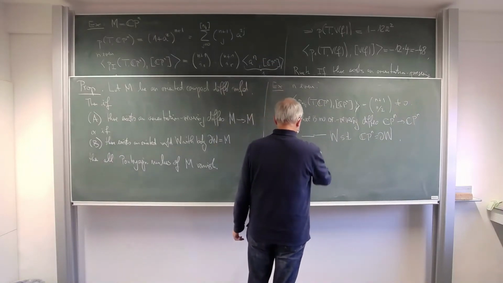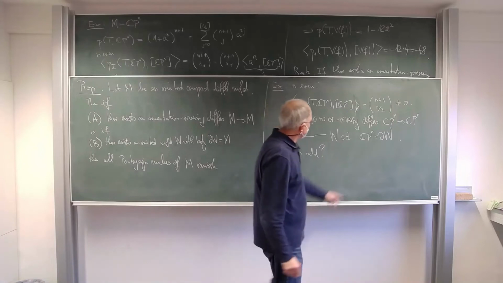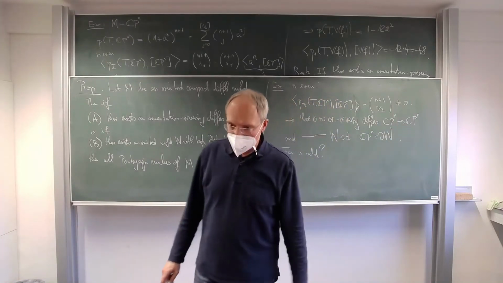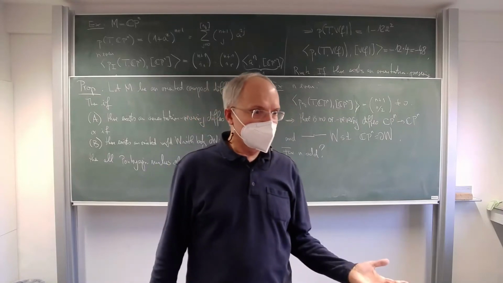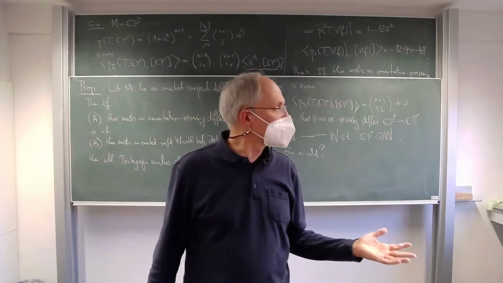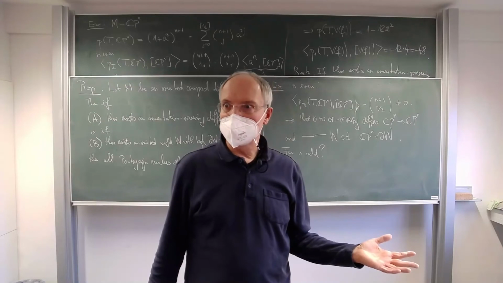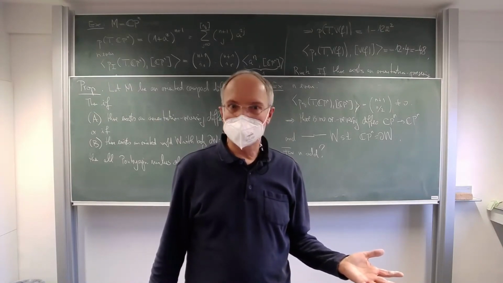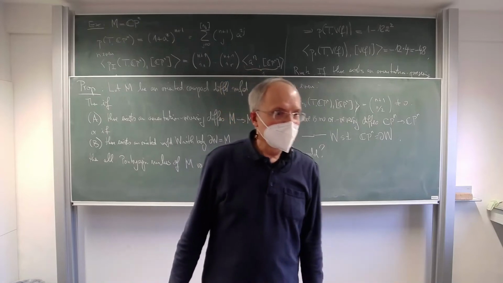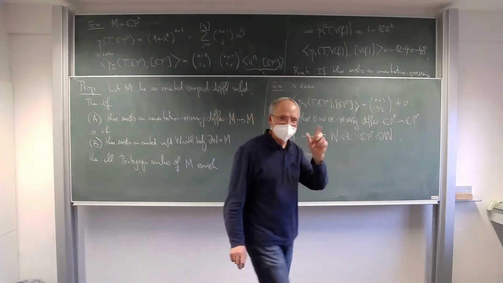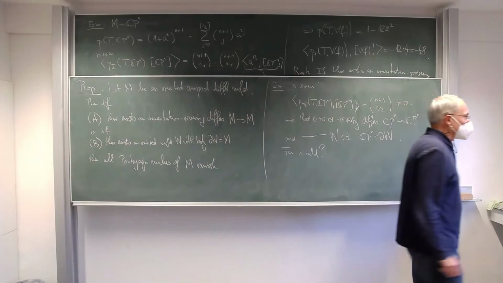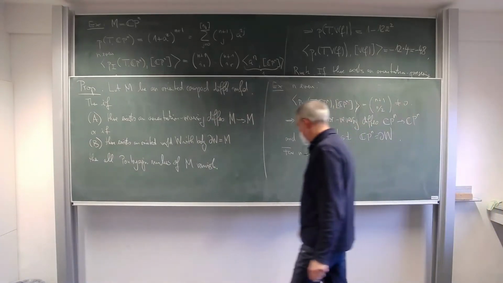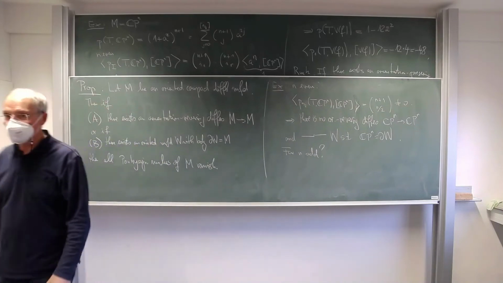For n equals 1, CP1 to CP1. CP1 is S2. Question, is there an orientation reversing diffeomorphism from S2 to S2? Namely, which one? Antipodal map. Yes. So for n equals 1, there is such an orientation reversing diffeomorphism indeed.